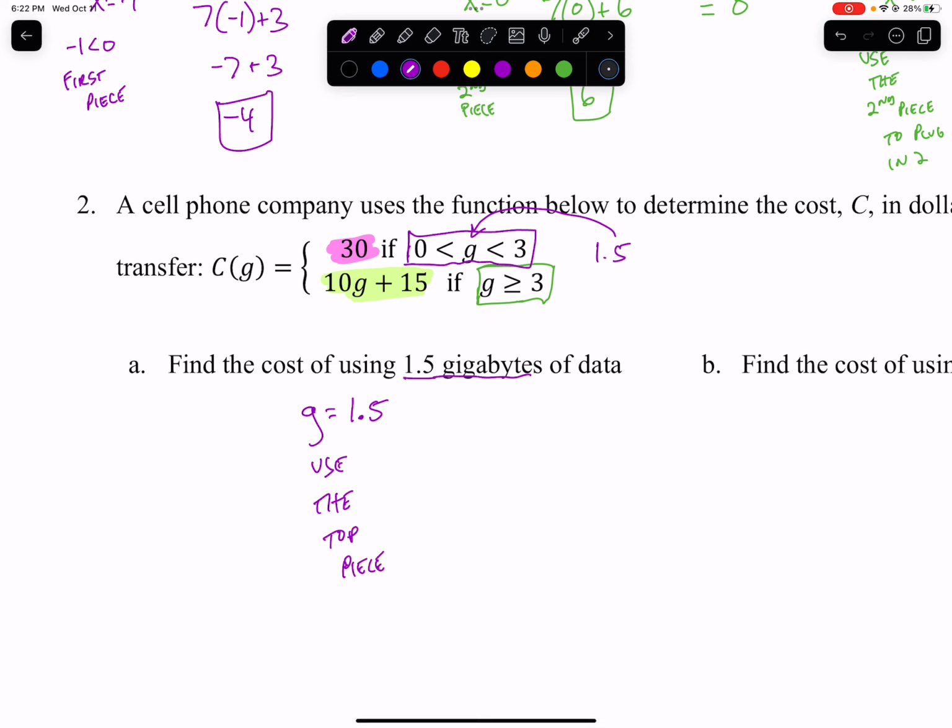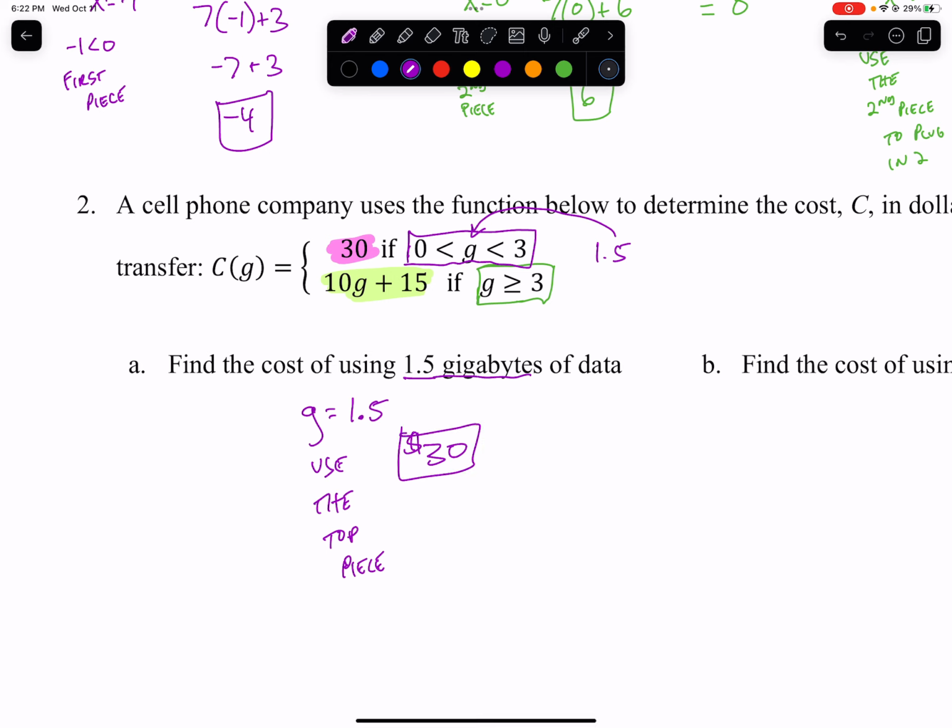So the function up top is 30, and there is no G to plug 1.5 into, so the answer is just 30. So no matter how many gigabytes you use, the cost is 30, and I guess that's in dollars, right? So let's say it costs $30.